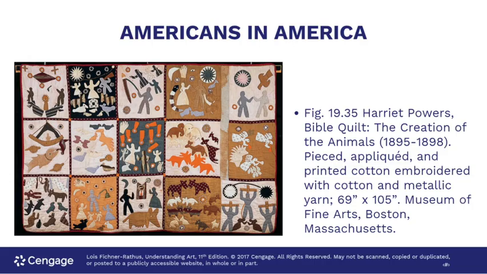This is only one of two quilts that is known for sure to be the work of Harriet Powers that exists today. This one is in Boston, and the other one is in Washington, D.C., I believe. So I think it's nice to bring in not only artists from what we consider the canon, but also artists who are working in other media as well.